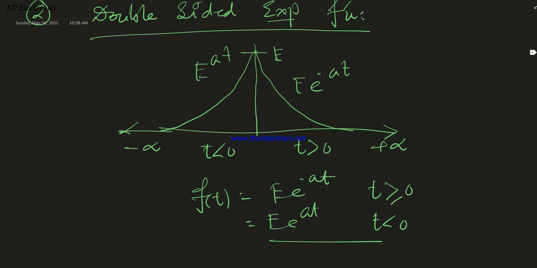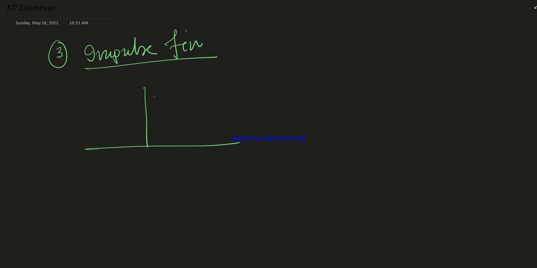Next one, the third one, is known as the impulse function. Impulse function means that this function only exists at t tends to 0 and the value is 1, and 0 otherwise.